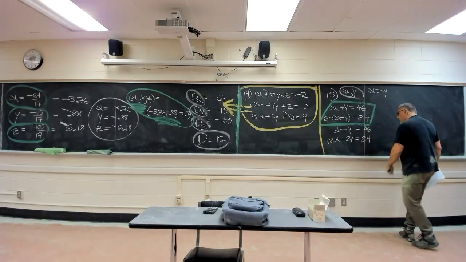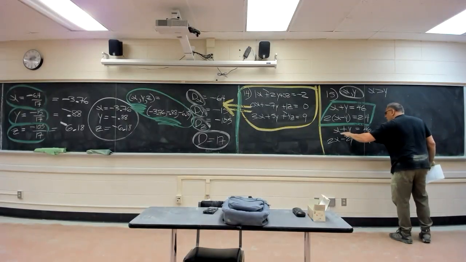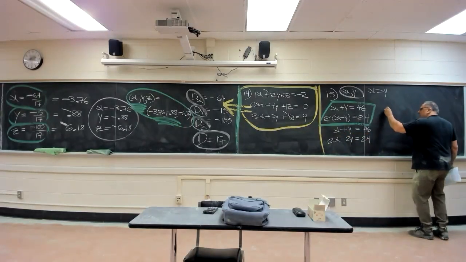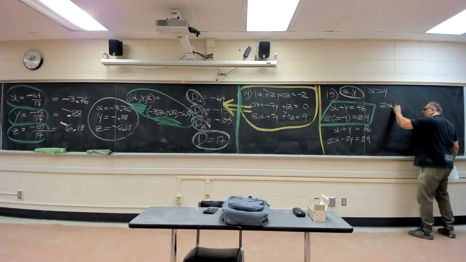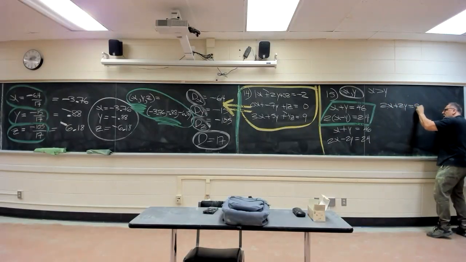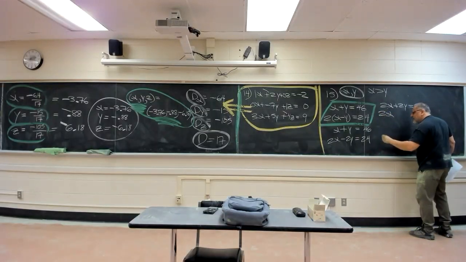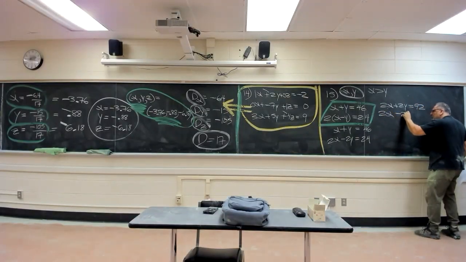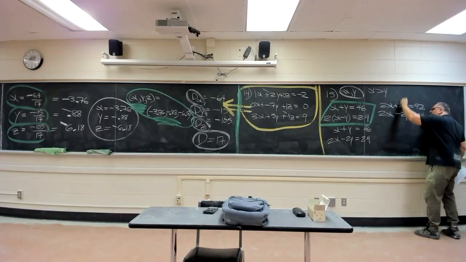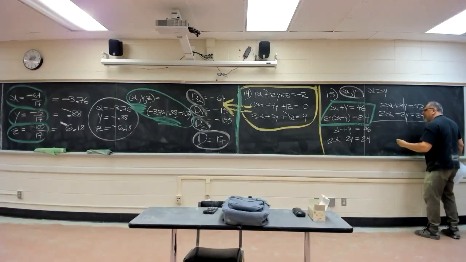Tell you what I'm going to do. I'm going to multiply the top by 2 and end up getting 2x plus 2y equals 92. Then I'm going to add it to the second one to get rid of the y's. I engineered it so that when I add these two, 2y and negative 2y cancel out.